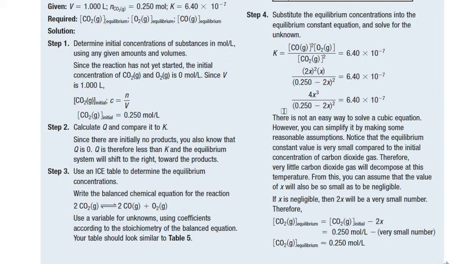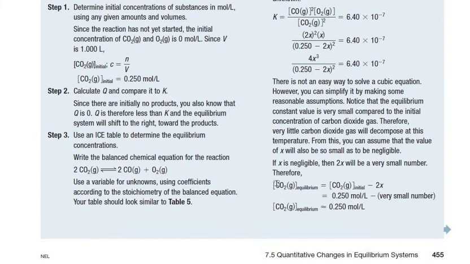Notice that the equilibrium constant value is very, very small compared to the initial concentration of carbon dioxide gas. So from this you can assume that the value of x will also be so small as to be negligible. If x is negligible, then 2x is negligible, and it's going to be a very small number.